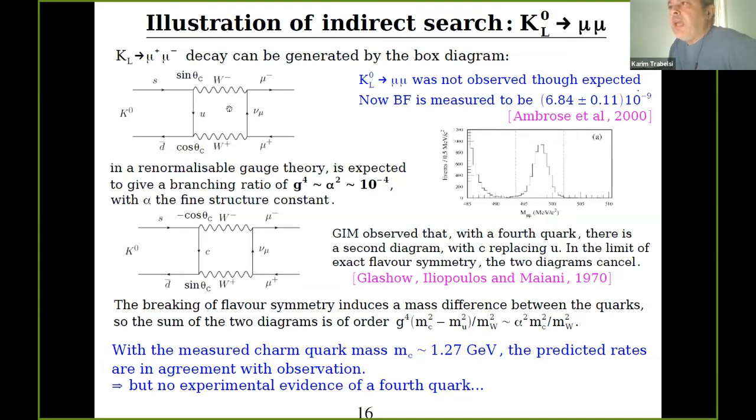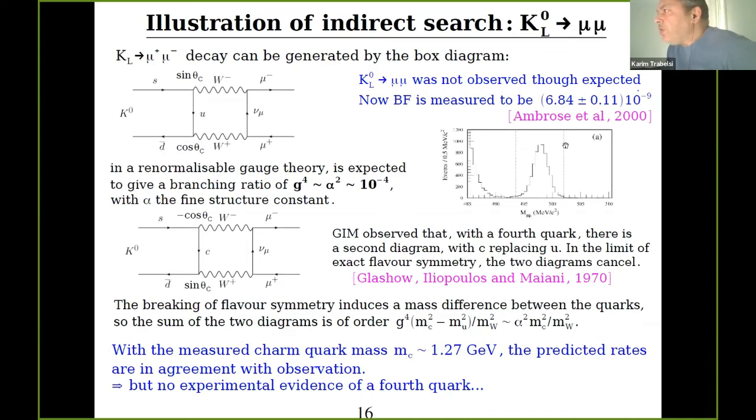So you look for K-long to mu mu, and at that time, with the standard model of that time with 3 quarks, you can calculate the branching ratio that you expect, and you find something of the order of 10 to the minus 4, and you do the measurement and you don't find anything, or you find a limit, in fact, much lower than 10 to the minus 4.